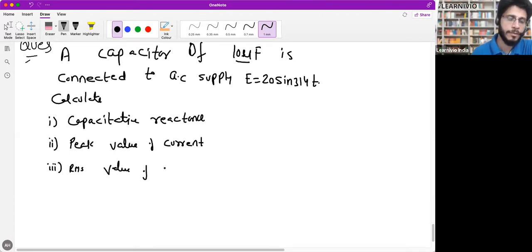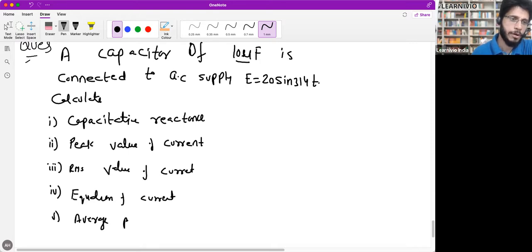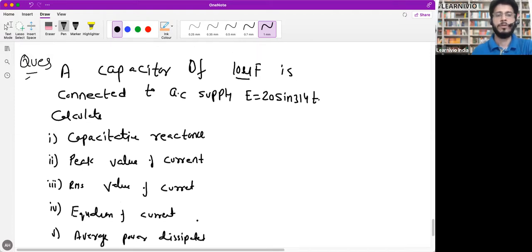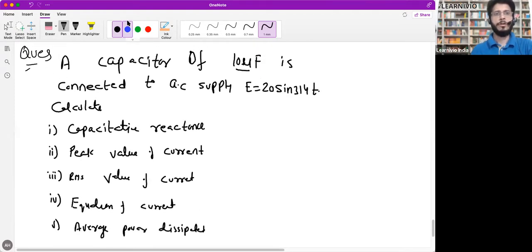RMS value of current. Fourth: equation of current. Fifth: average power dissipated. Okay, do it now.